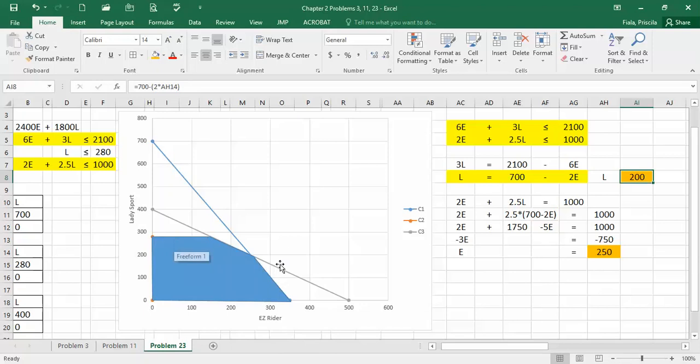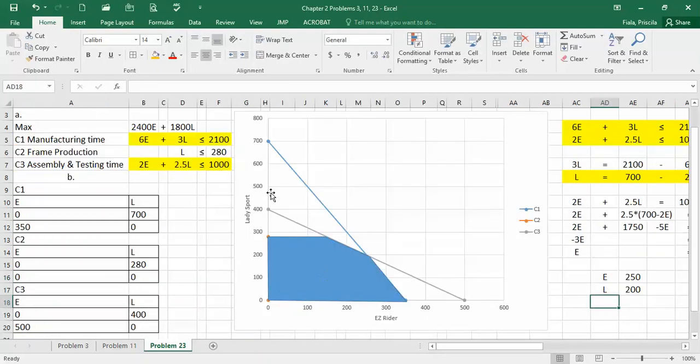And if you remember, I said that it seems right here that my L is about 200, and that my E is about 250, and it is right on. So our optimal solution should be 200 and 250, or you can say E 250 and L 200.